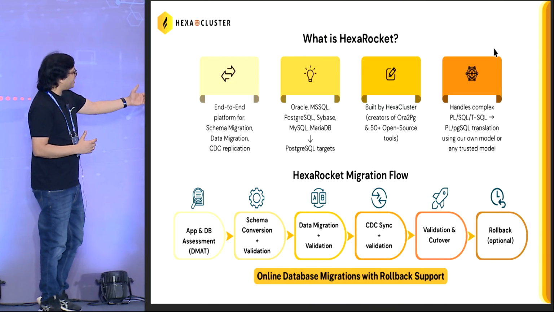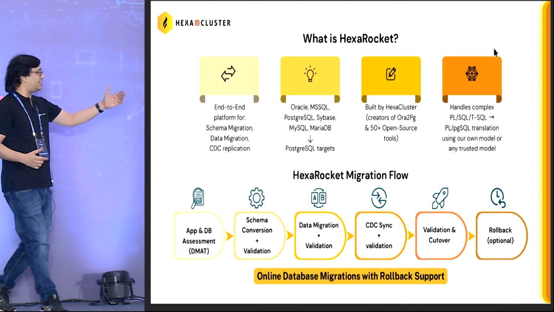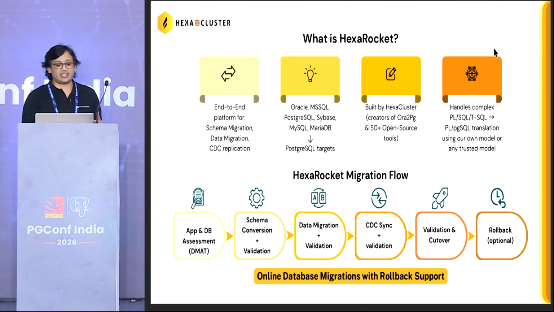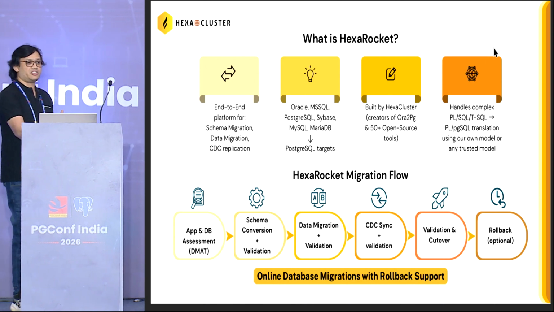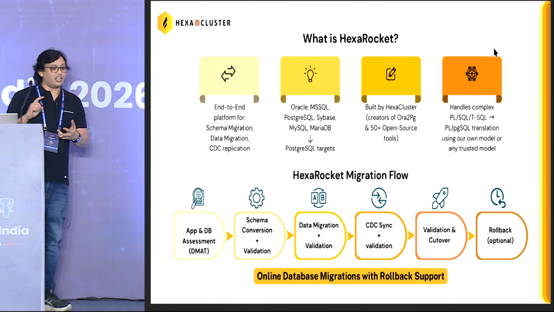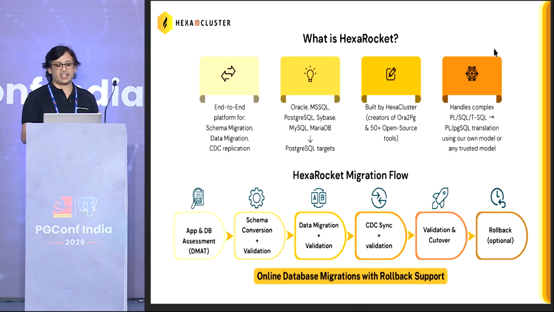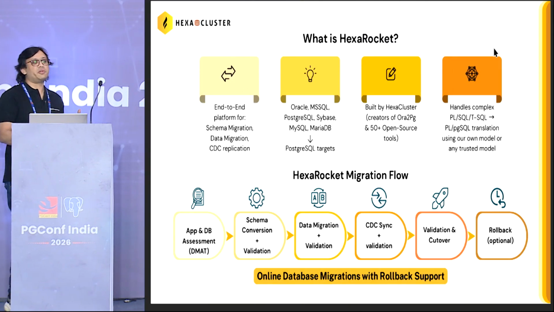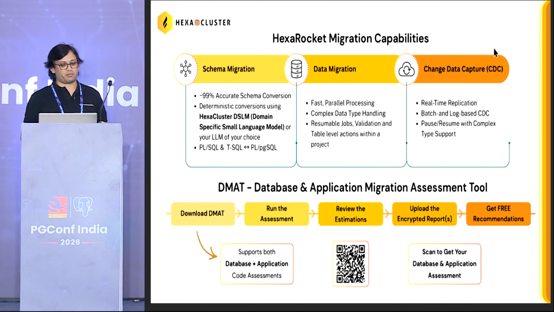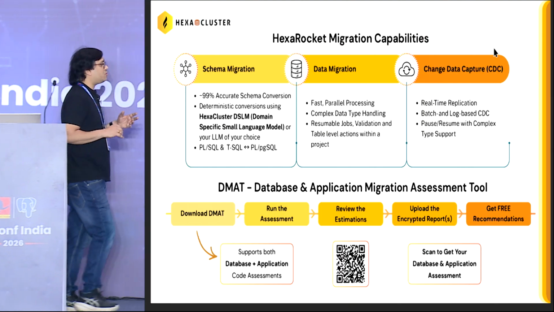HexaRocket takes care of schema conversion and validation, data migration and validation, CDC and validation. At every stage, validations are included, like schema validation, data validation, live replication validation, and at the end, you would also be able to enable rollback, right? Just in case you want to perform a reverse replication to support rollback, you would be able to do that.